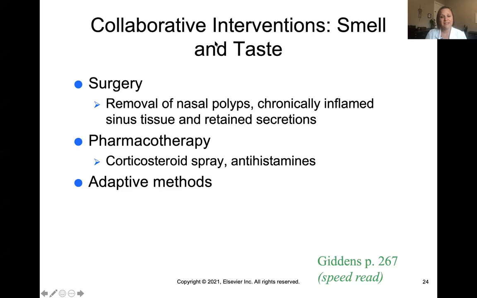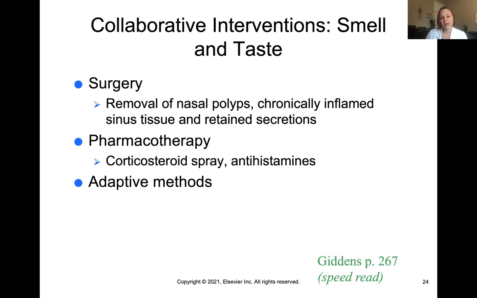For smell and taste, sometimes you can have surgery to remove nasal polyps or to increase the diameter of the sinus cavities so that they can have better drainage of fluids and don't get recurrent sinus infections.